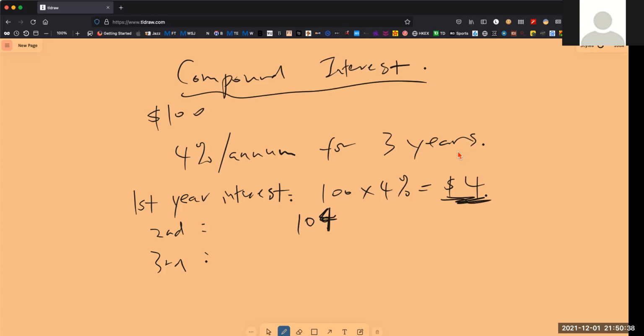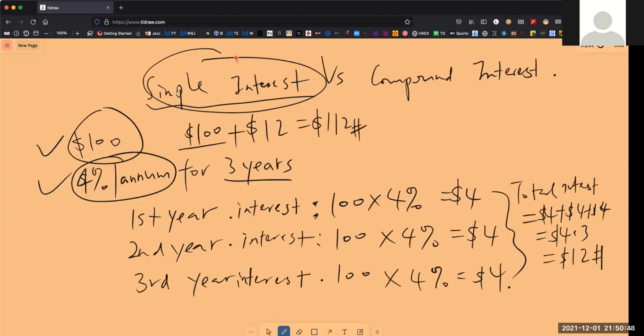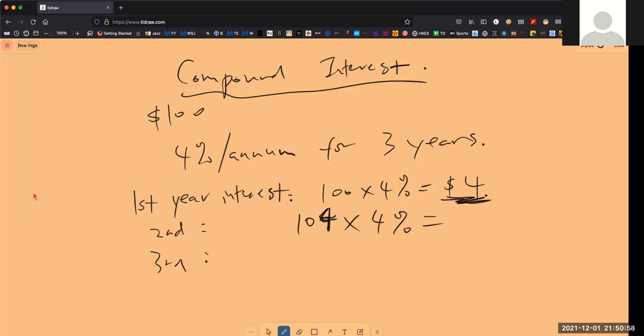Does it make sense? So you times 4% for the second year. So the difference here is that every year is 100, 100, 100 for simple interest. But for compound interest, something is different.